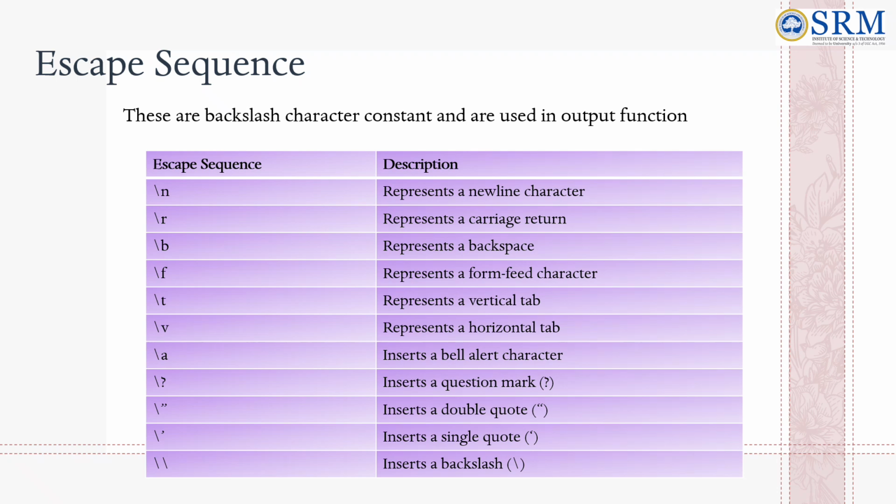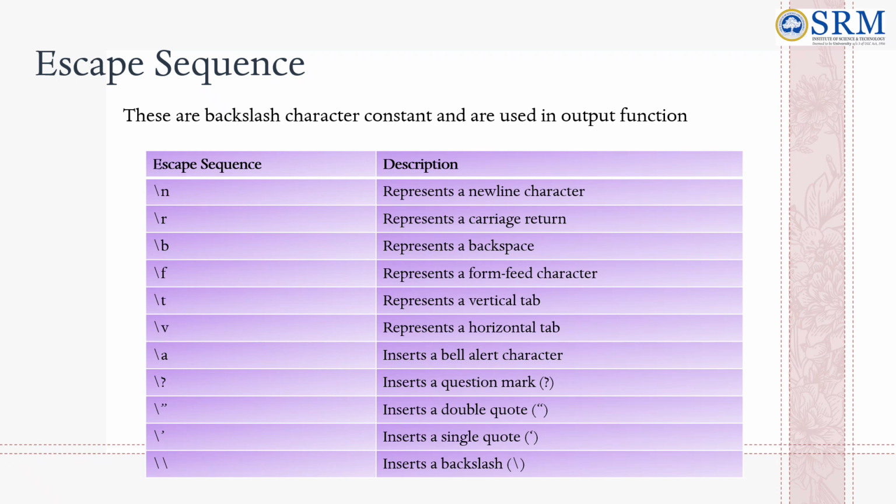Here are some escape sequences listed out: backslash n, backslash r, backslash b, backslash f, all these. Among these, the most frequently used are backslash n and backslash t. We'll understand them during programming.